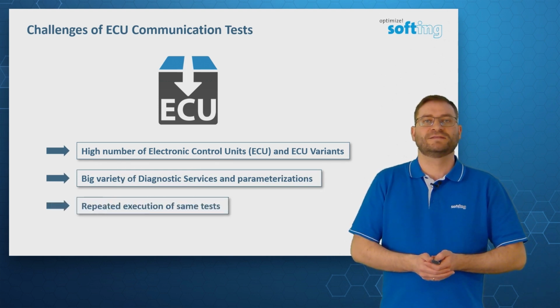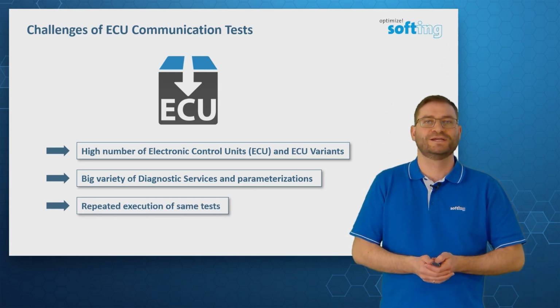And above all, the same tests have to be repeated several times until the ECU communicates according to the specification. From that, we can conclude that these tests cannot be executed manually. There is a strong need for automation. The question is, is there an easy way to create automated ECU communication tests?